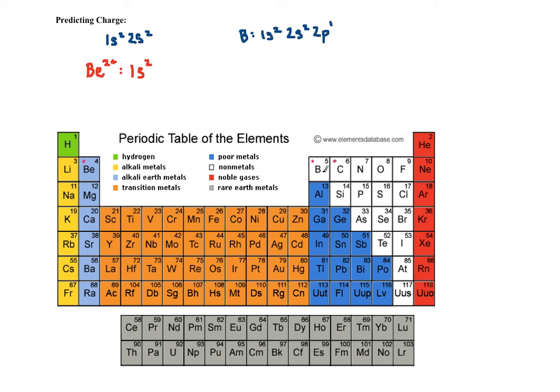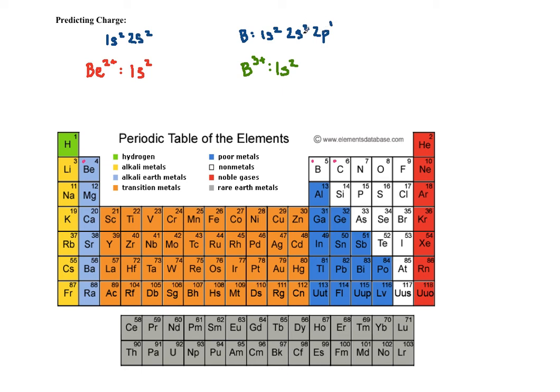It could gain 5 valence electrons, so gain 1, 2, 3, 4, 5 to become neon, or it could lose 3, so it could lose 1, 2, 3. Since losing 3 is easier than gaining 5, boron will lose 3 electrons to become boron with a +3 charge, and its electron configuration will now be 1s2, and that's it, because we got rid of this electron and those 2 electrons.